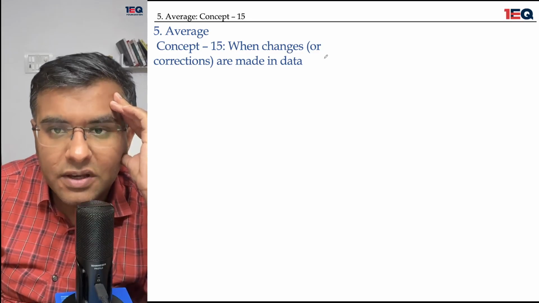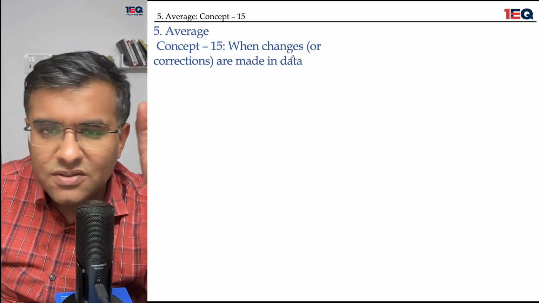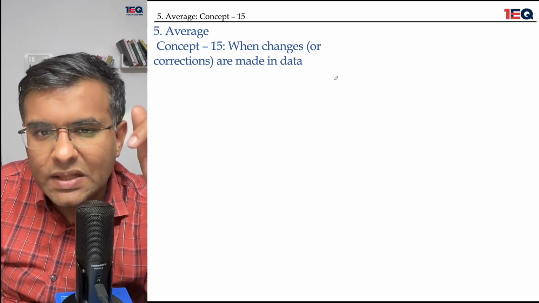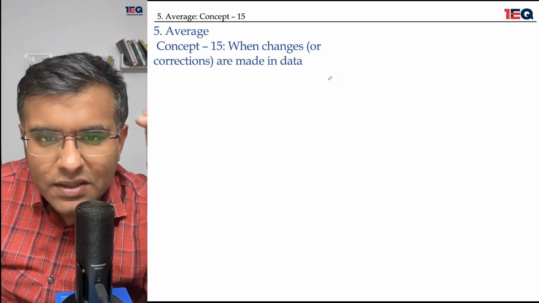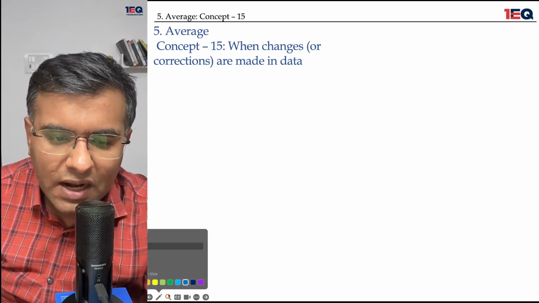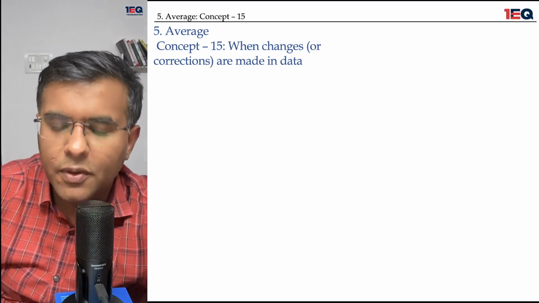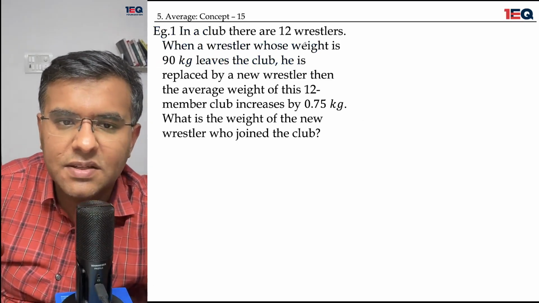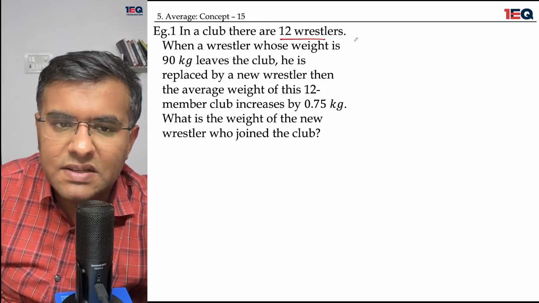Whenever changes or corrections are made, you have to tweak the data a little, and I'll show you with the help of the questions how that scenario comes into play. Okay, let me quickly take you to the question. There are 12 wrestlers.